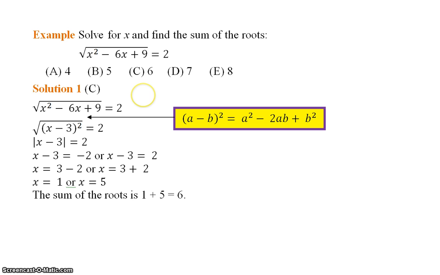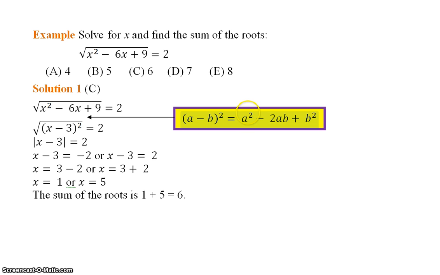In order to solve this problem, notice that under the radical sign you have a quadratic trinomial x squared minus 6x plus 9, which is a perfect square. We can apply the formula square of difference, square of a minus b.